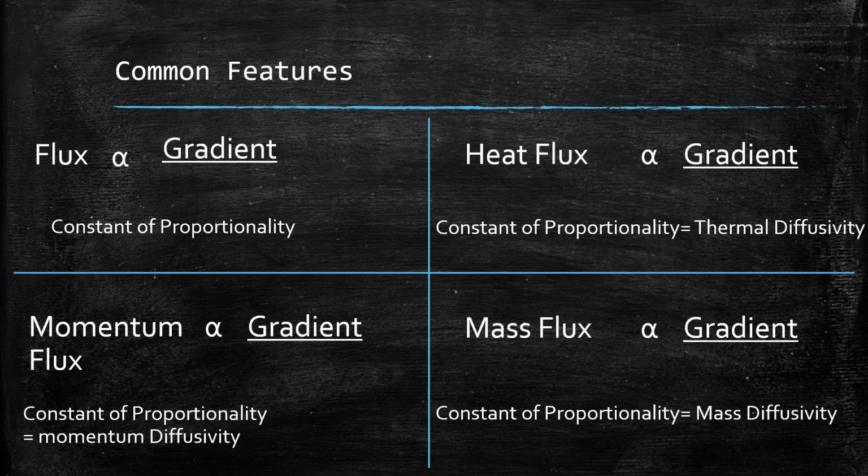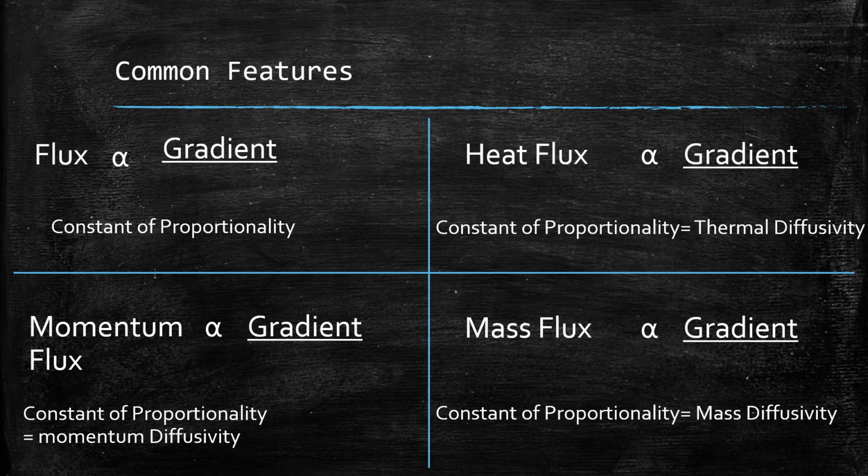For mass flux, higher gradient, what do you mean by gradient? Gradient is basically the driving force that is responsible for a particular transfer to happen. Gradient is what? Change in concentration with respect to the distance. This would be one of the gradients that is used in all the three types of transfers.